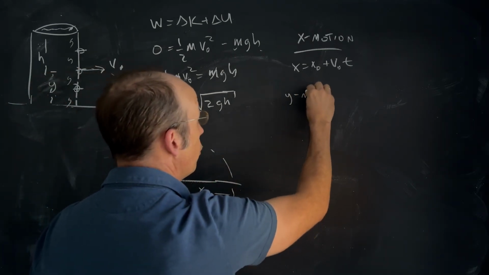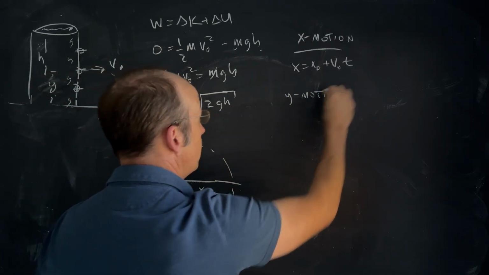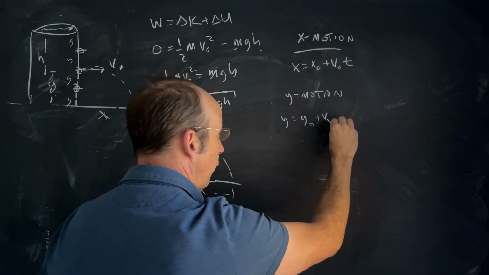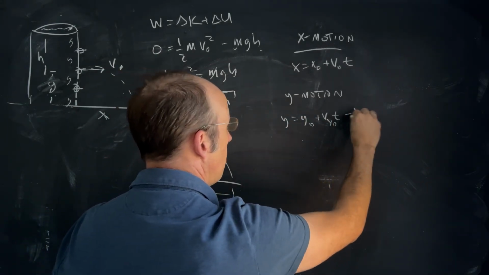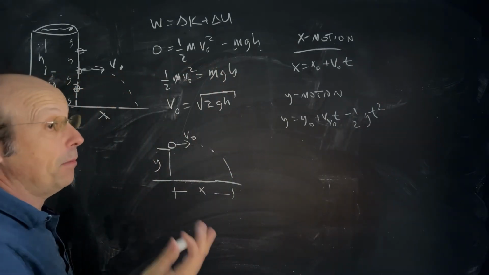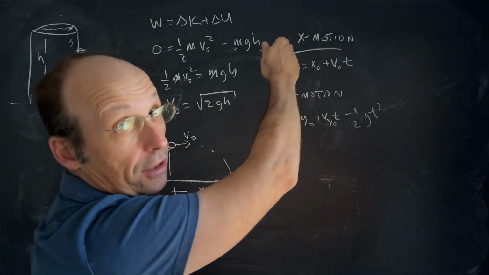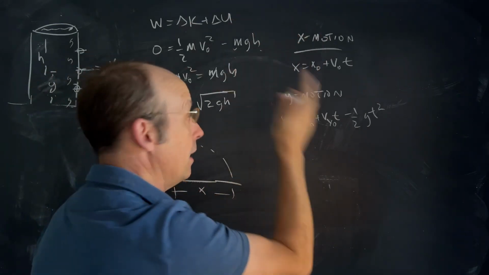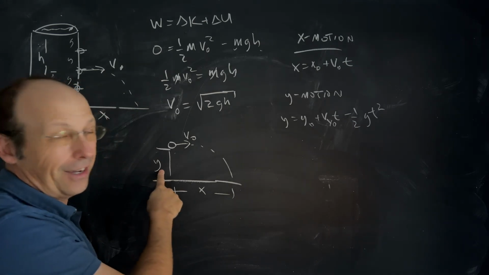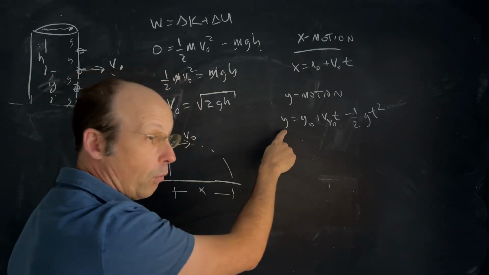In the y motion, I can use the kinematic equation y0 plus vy0 t minus 1/2 gt squared. That's the same as the x equation, it's just that there's no acceleration in the x direction. Here I'm starting with an initial y, and the final y position is 0.